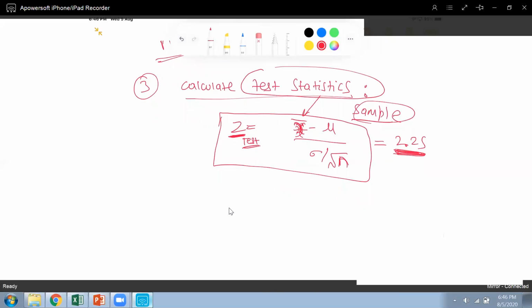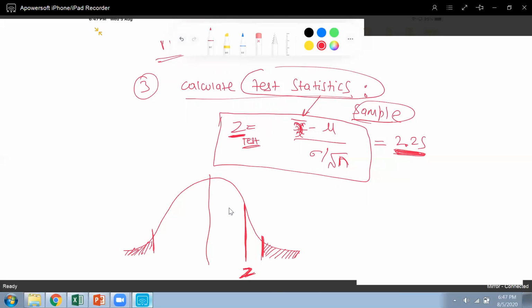What does it tell? See, this is my distribution. These are my critical values, and this is the region where I will be rejecting my null hypothesis. So it has found the z value corresponding to this.